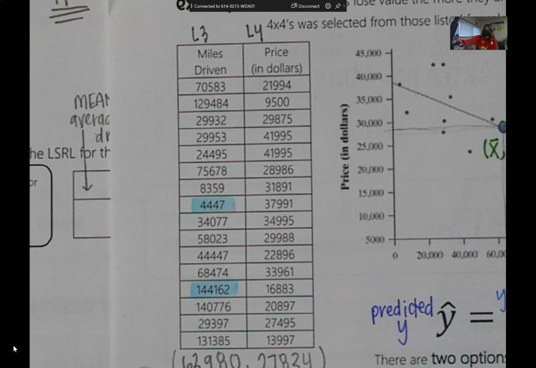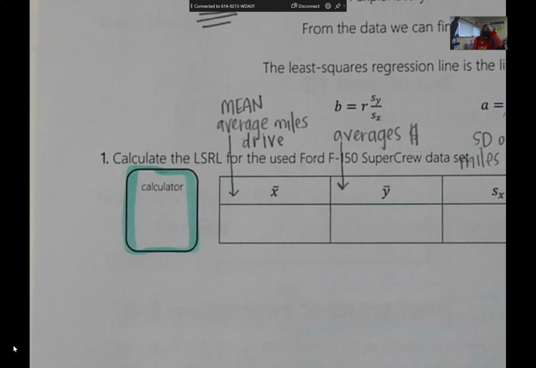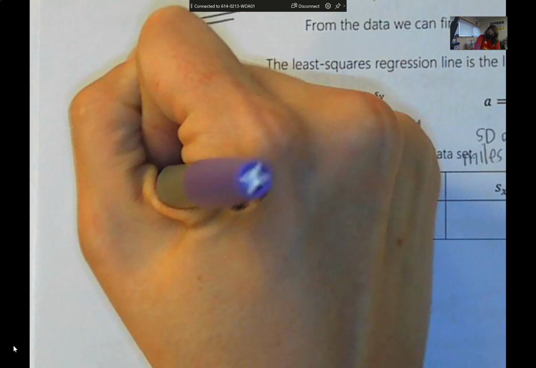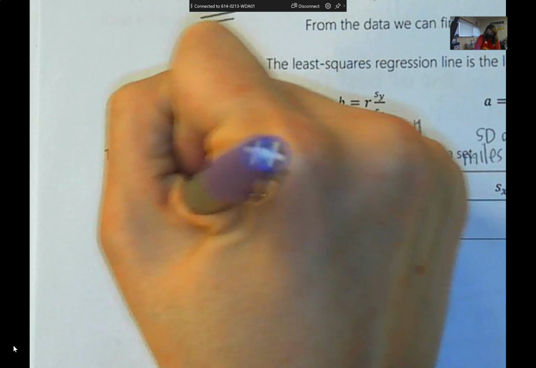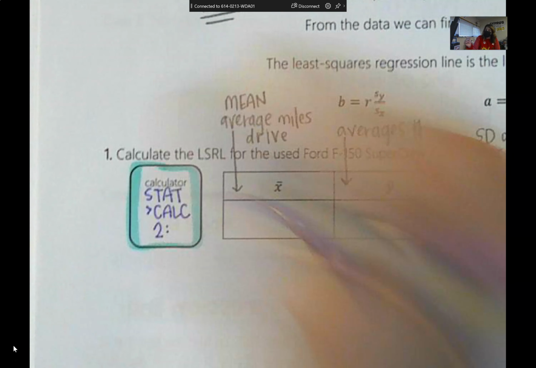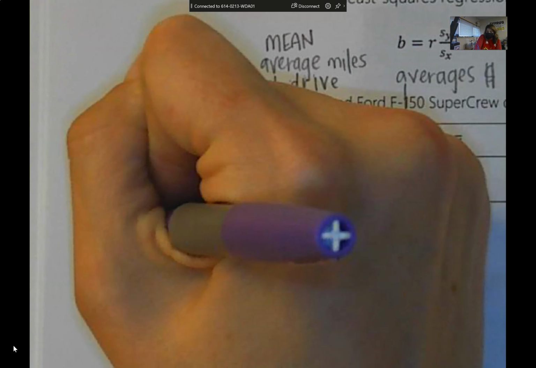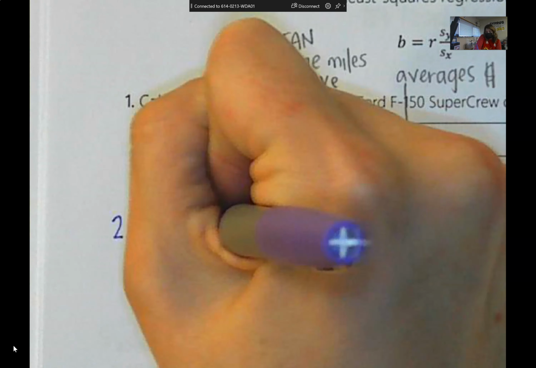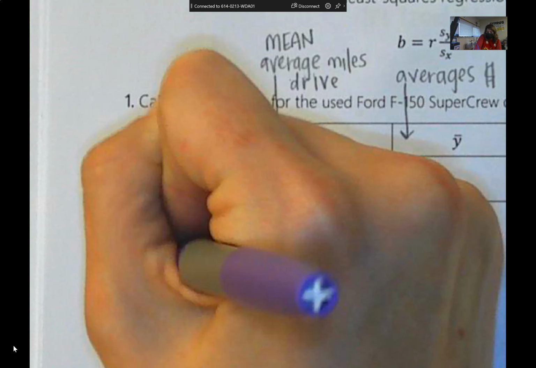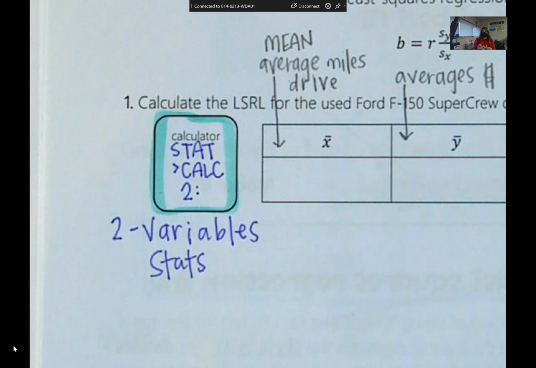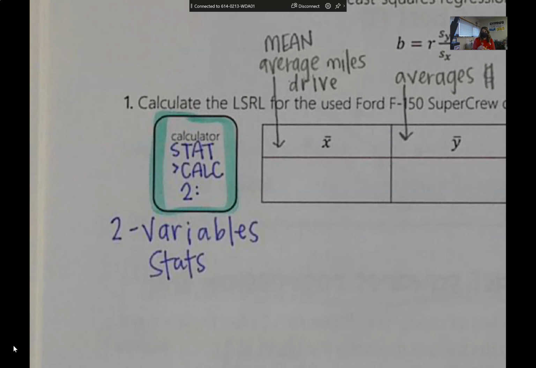Okay, so the buttons that we use in our calculator to get this information are Stat, Calc, and this is the first time we are using option 2. Option 2 is 2-Var Stats. So what that means is it's going to give you the summary statistics for 2 different variables.